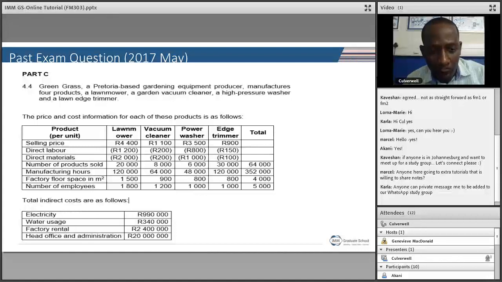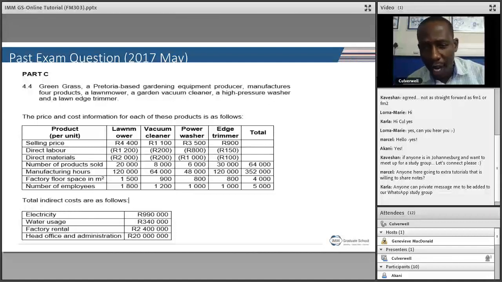Direct labor, they are 1,200. Direct materials, they are 2,000. And the 1,200 and the 2,000, that is per lawnmower. And then thereafter, they went on to tell you the number of products sold. So the interpretation is, this company called Greengrass, they sold 20,000 lawnmowers.